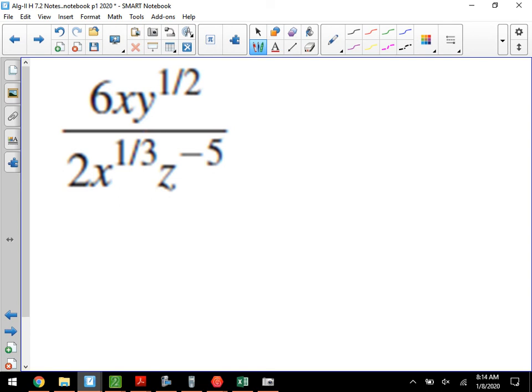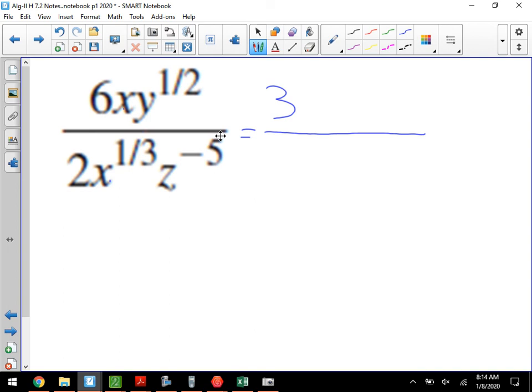So, my suggestion, when we have stuff that starts going into things like this, always start with numbers first, and then move things around accordingly if you need to. So I'm just going to put a fraction bar, and I take care of my numbers. What's 6 divided by 2? 3. Okay. I have an x, and I have an x to the 1/3. Who wins? The x. So what is the new x exponent?